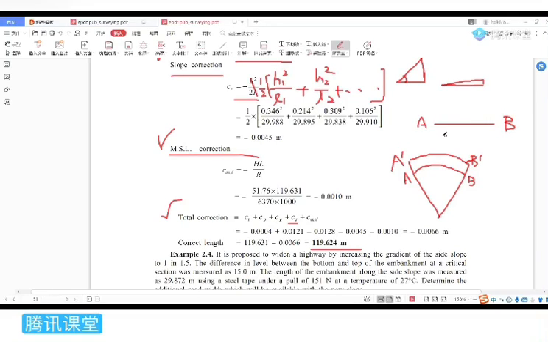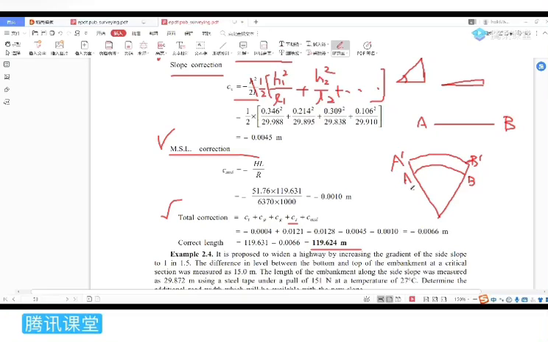So the best option is to have something called a standard one. The standard is, you want to measure AB, but indeed you are thinking about measuring the mean sea level. Mean sea level is the standard one.